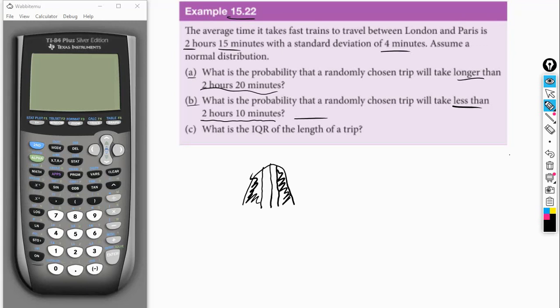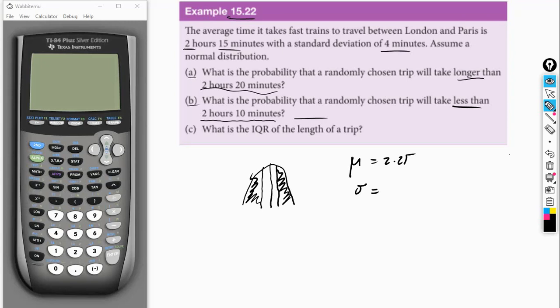So first of all, we need the mean. So the mean is 2 hours and 15 minutes. Notice that that's the same as saying 2.25 hours. And the standard deviation is 4 minutes, but we have to convert that to hours.